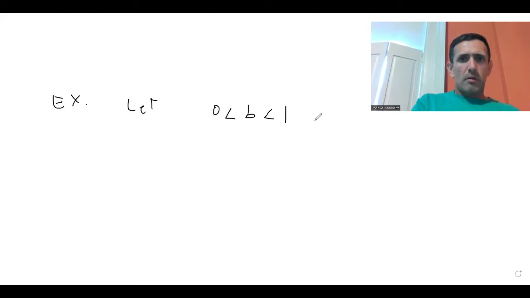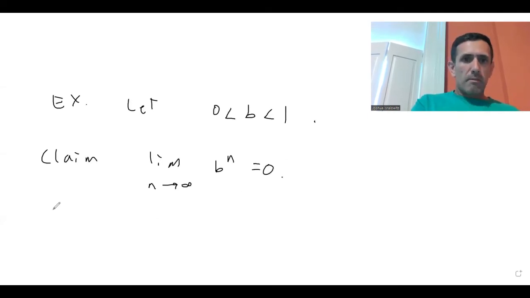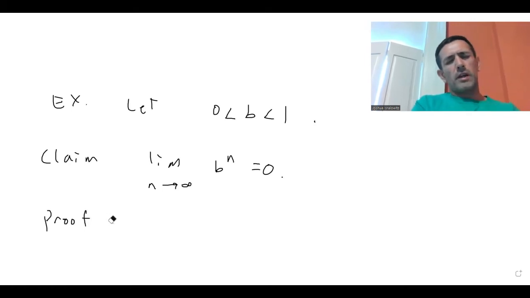What I want to do is prove that this limit, of b to the n, is going to be 0. I mentioned that the book proves this in section 3.1 on limits, using the binomial theorem like in the homework. But let's do it in a different way here.